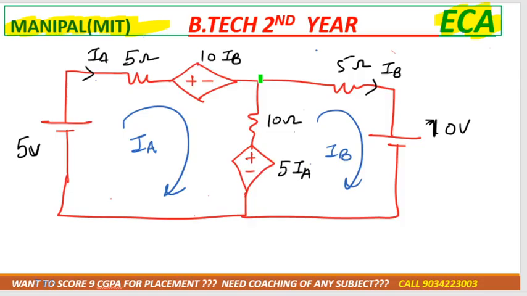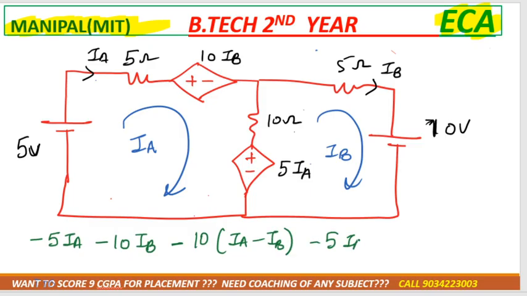It's a current dependent voltage source, right? Okay, so in this case, what would be the equation? Minus 5IA minus 10 IB minus 10 IA minus IB minus 5 IA plus 5 is equal to 0, right? Similarly, can you make the second equation?